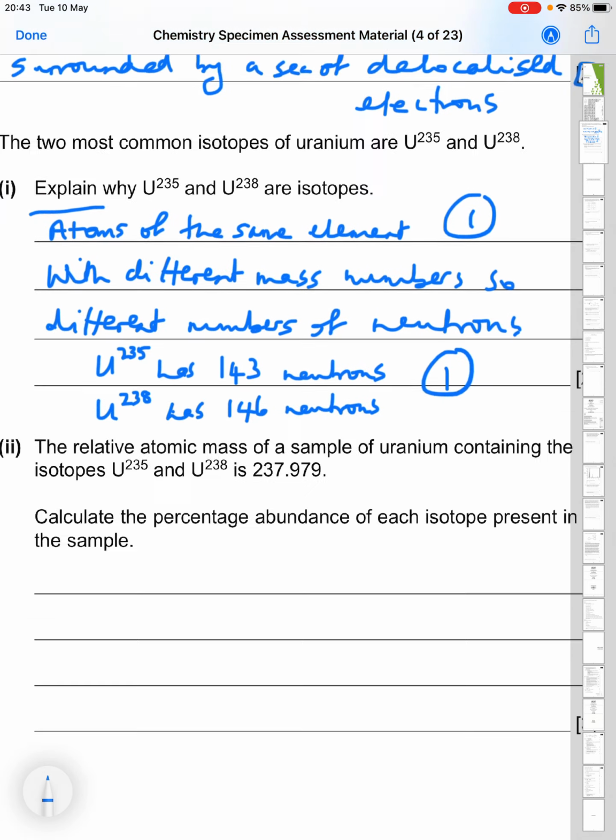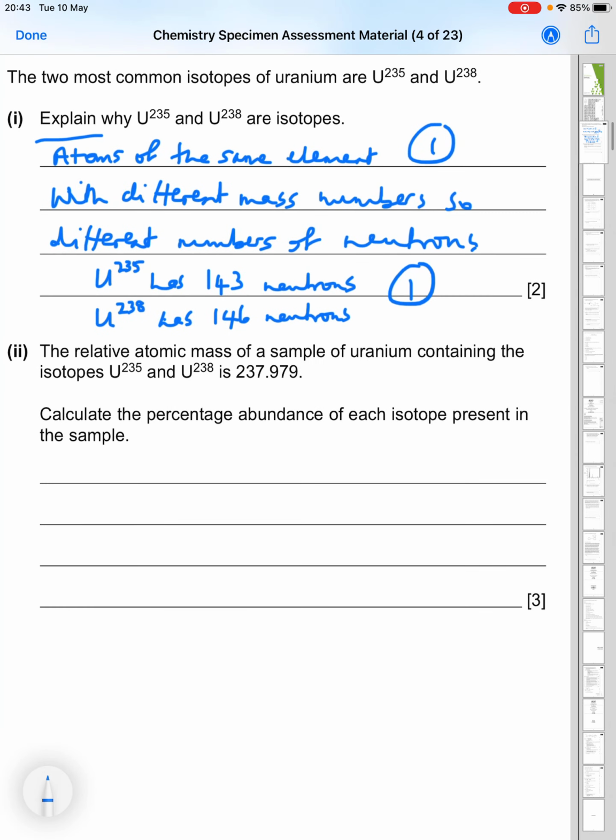So you're actually showing that you can work out the different numbers of neutrons there.